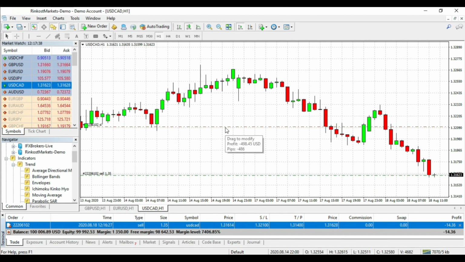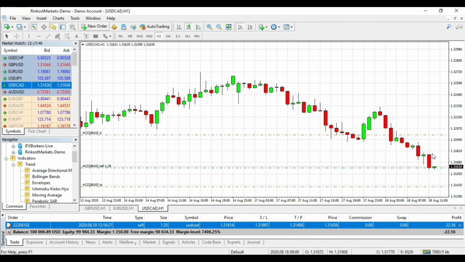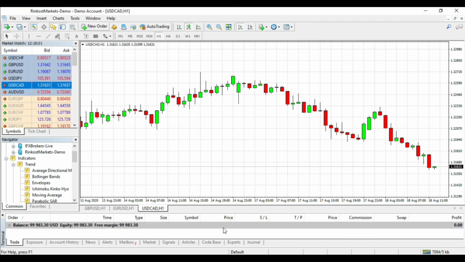And if you want to adjust your stop loss, you can simply click on the stop loss and drag it to wherever you like and release it, and then that's your new stop loss area. Similarly for your take profit area, click and drag and it automatically adjusts. So then to close this trade, you simply click on this closure point over here and you close it.